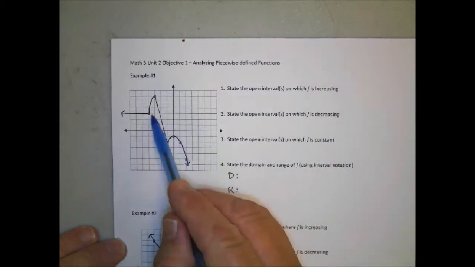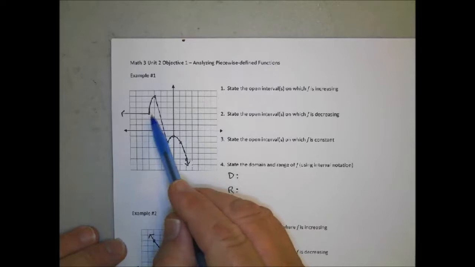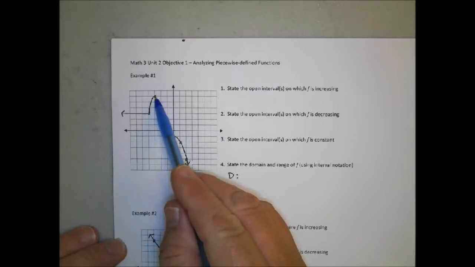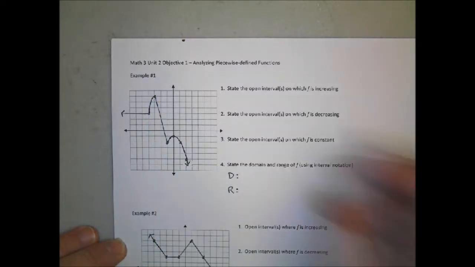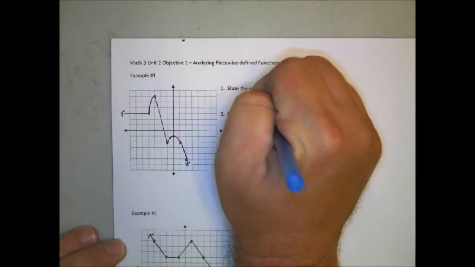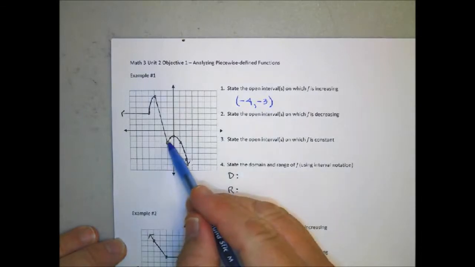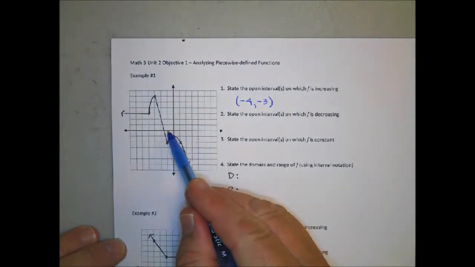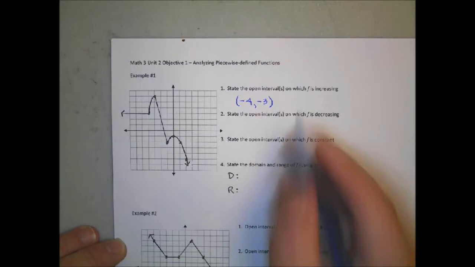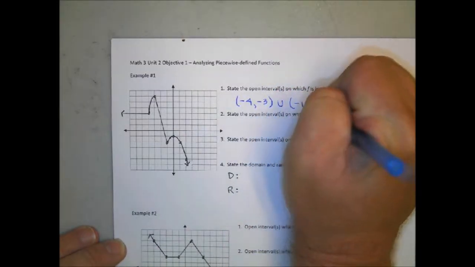So it begins increasing at -4. And that part stops at -3. So we write it like this, -4, -3. But there's another part where it increases, and that is from x equals -1 to x equals 0. So we put -1, 0.